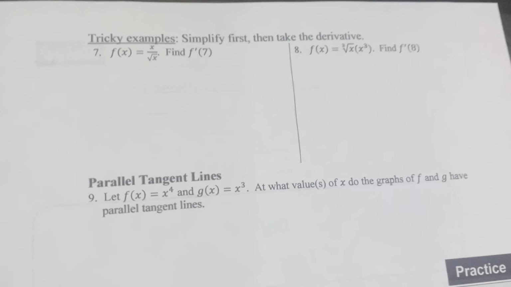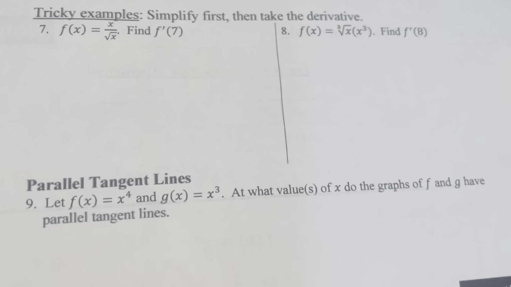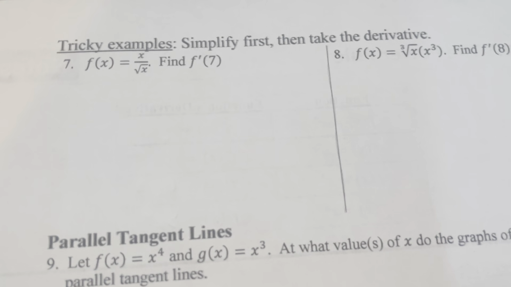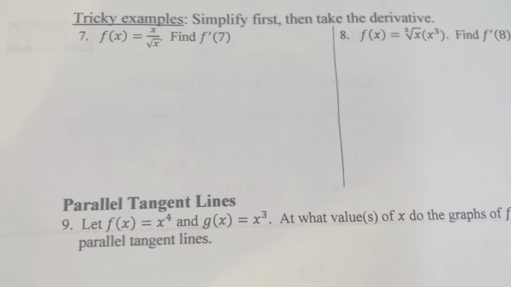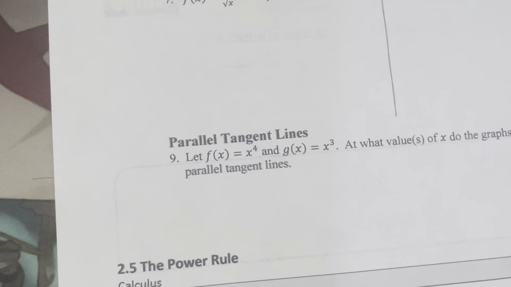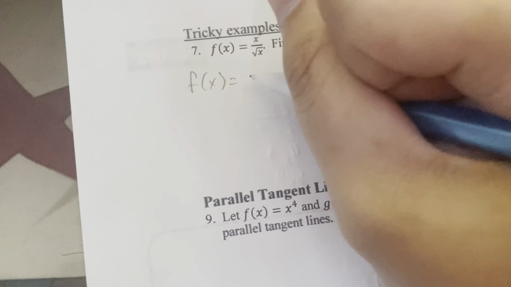Some harder examples. You have to simplify first and then take the derivative. For f of x equals x over the square root of x, find f prime of 7. You have to rewrite it.